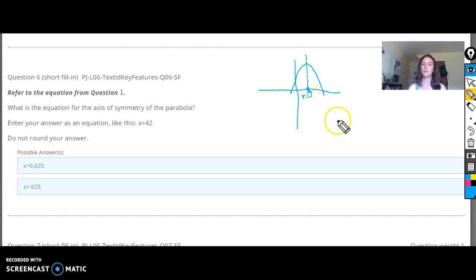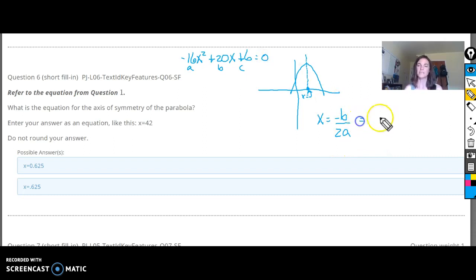So we have determined that the x value for the axis of symmetry is negative b over 2a. All right. Remember, we've got negative 16x squared plus 20x plus 6, where this is a, b, and c. Okay, so that's my standard form.